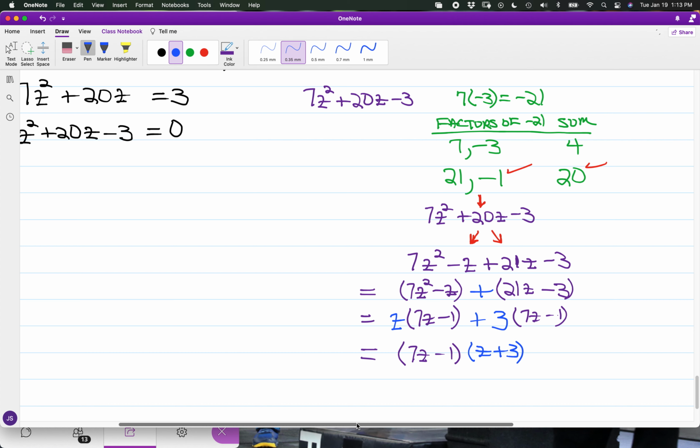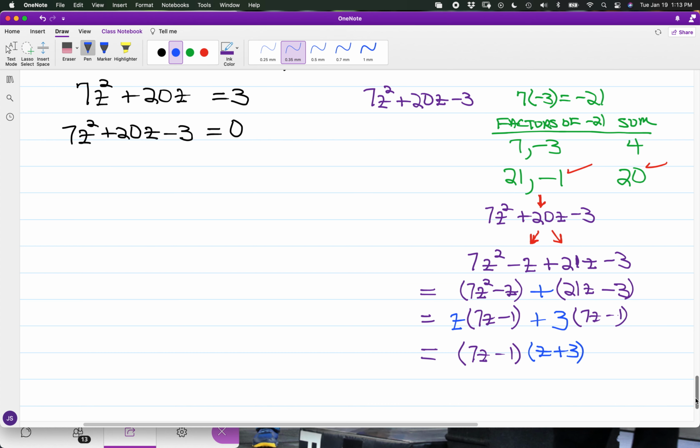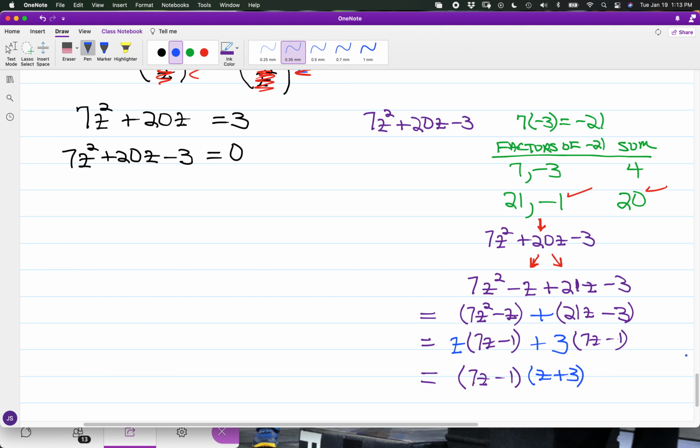All right. So reverting to what we have in this particular problem. So you have 7z squared plus 20z minus 3 is equal to 0. And we have with the factors, 7z minus 1 and z plus 3.